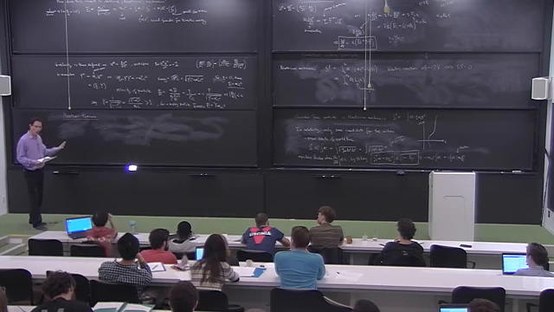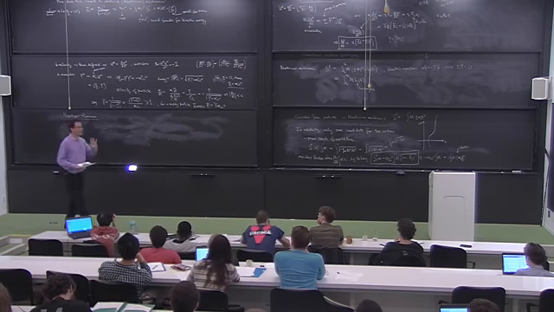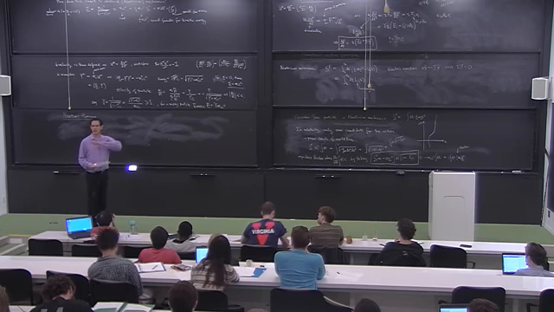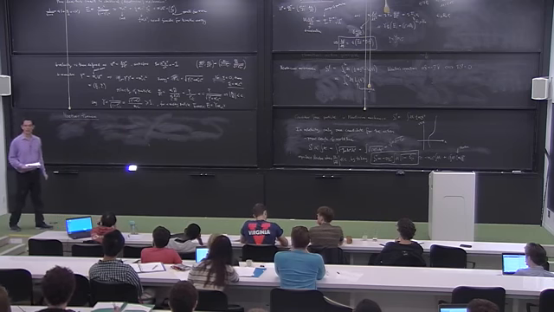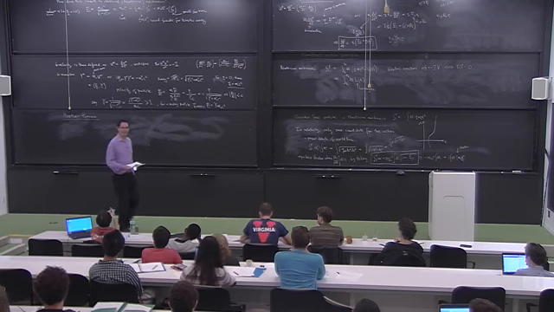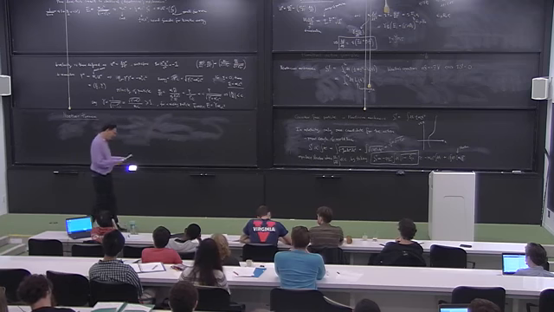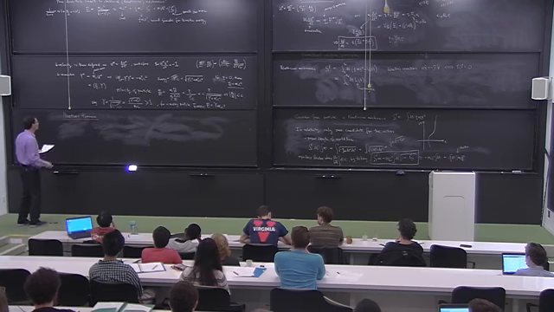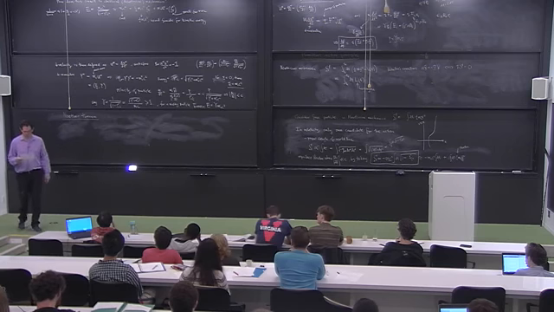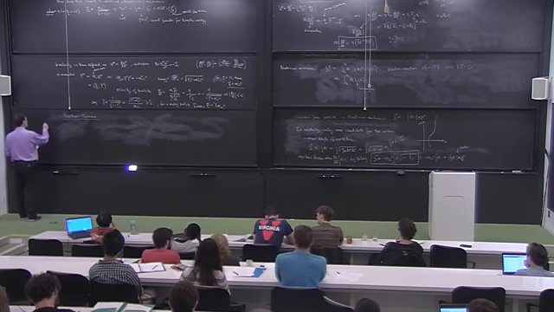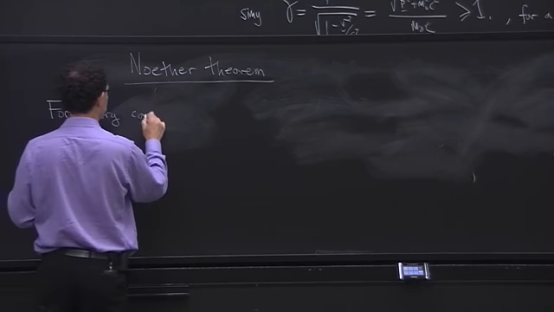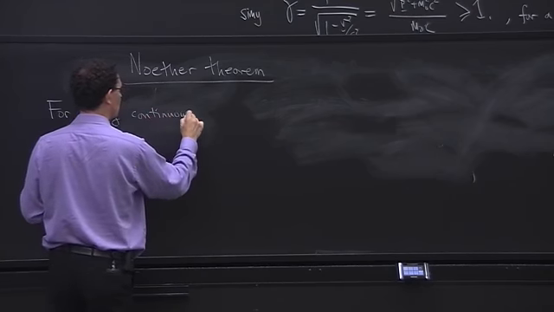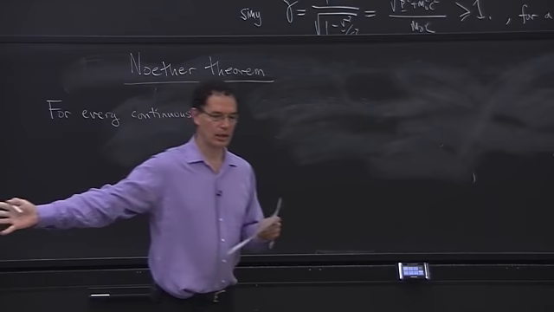So she realized why there are conserved quantities. And her realization is actually the basis for the development of particle physics, fundamental physics, throughout the 20th century. She is often not acknowledged enough, but her contribution was absolutely fundamental. And this is her theorem. It's extremely simple, but very, very deep. The theorem says the following. For every continuous symmetry, okay, a continuous symmetry is like a rotation.